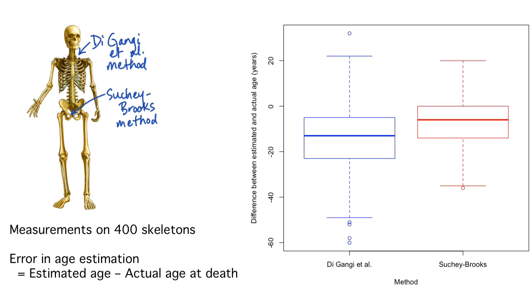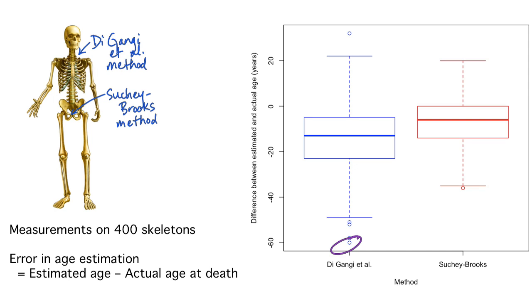Before answering that question, there is something fundamentally wrong with the representation in these box plots. The estimates by each method were taken on the same skeletons. But we don't know this from the plot, in which we can't tell how the measurements on each skeleton coincide. For example, our largest underestimate using the Dagrange method was a whopping 60 years below the actual age.